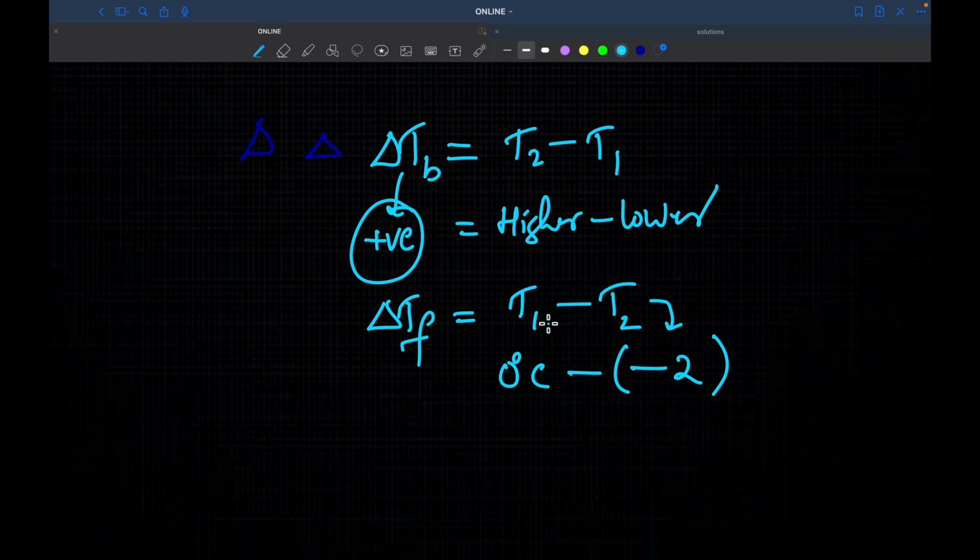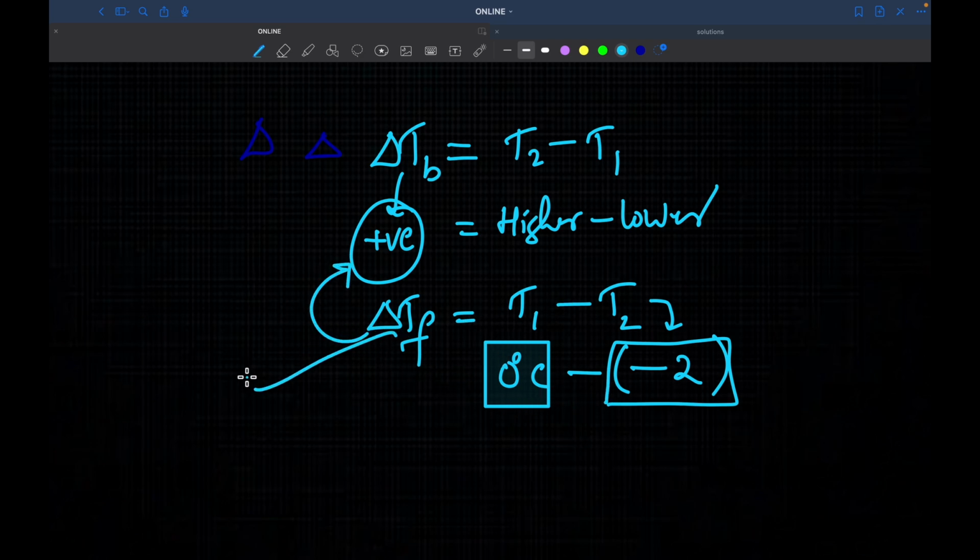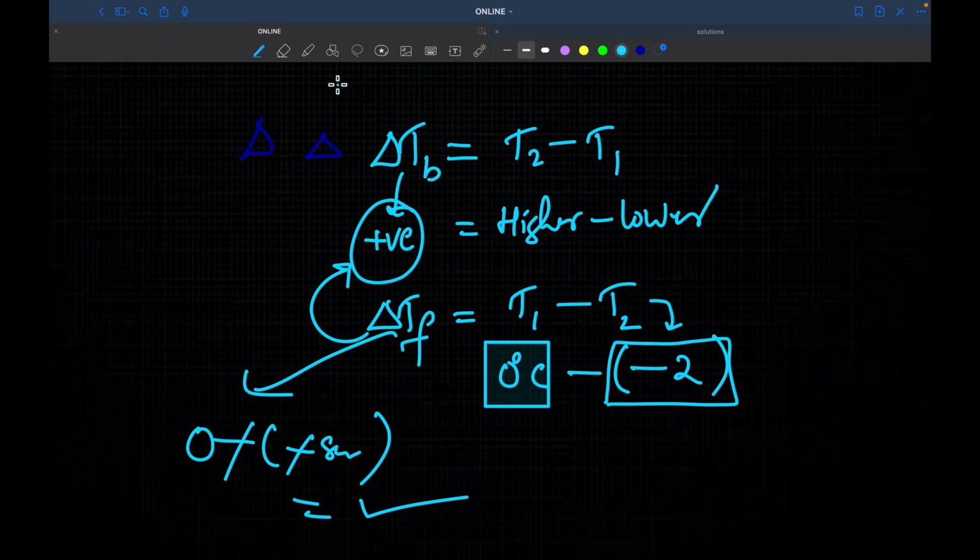Since minus 2 is much lesser than 0, you always subtract the minus value from 0 to get the positive value. So when calculating delta T_F you always have to do 0 minus something, and obviously the cut happens and you end up with the answer. This is how you have to do the solutions.